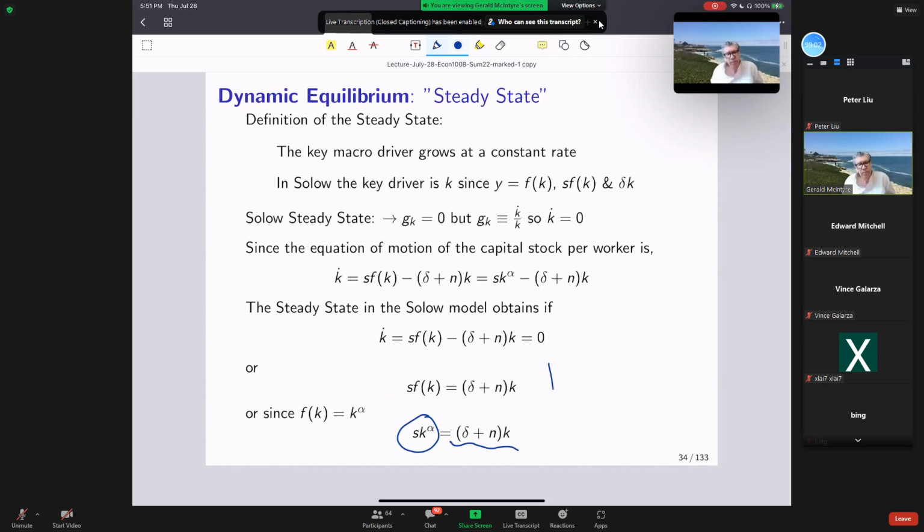S times k to the alpha we already have on the graph. Here's y, which is s times y, which is s times k to the alpha. So this is on the graph already. What is this other thing? That thing is a straight line that comes out of the origin and has slope delta plus n.